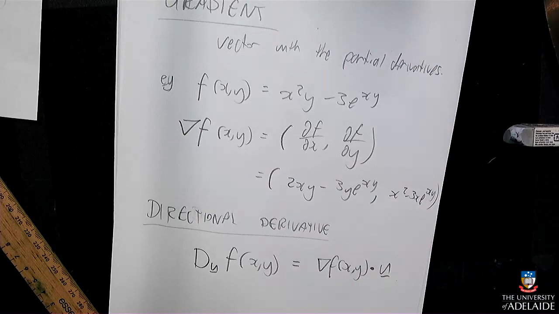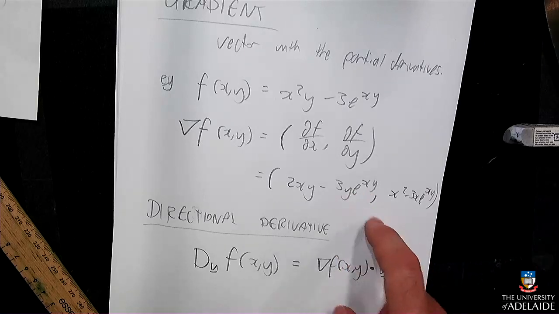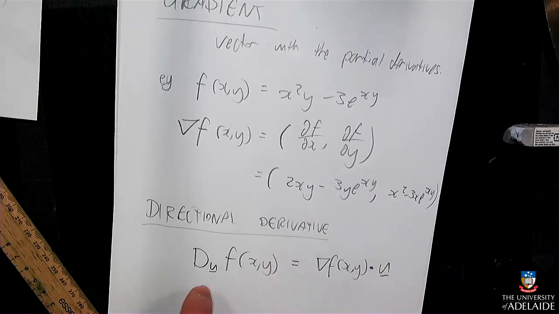So now we have a notation for this thing. Okay, sweet. So the gradient is a vector, it holds the partial derivatives. And the directional derivative is a number. When we dot this with a particular direction, you get a particular number.